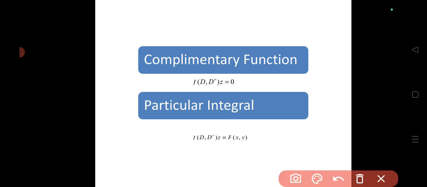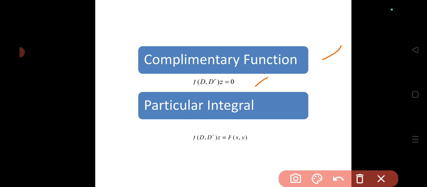In the same way, here also, whenever the problem is given in the form of f of D comma D dash into z is equal to 0, we need to find only the complementary function.